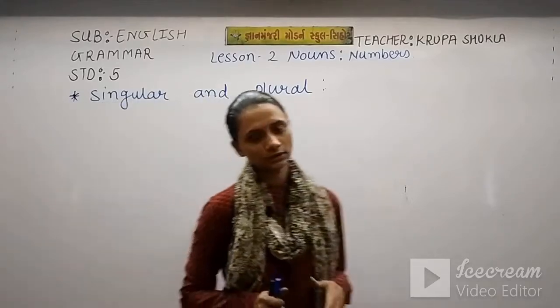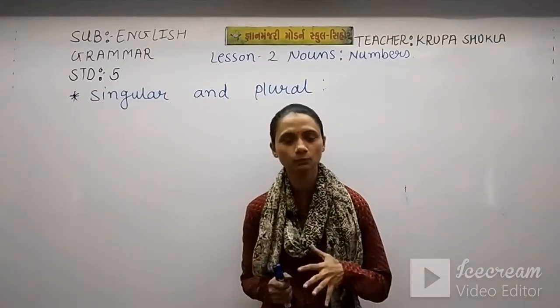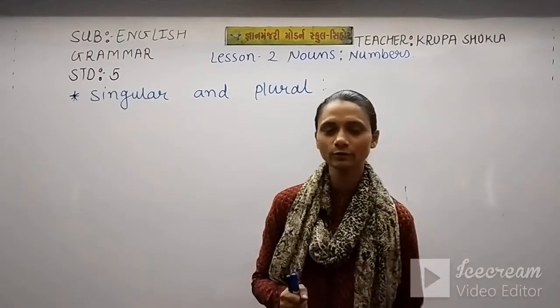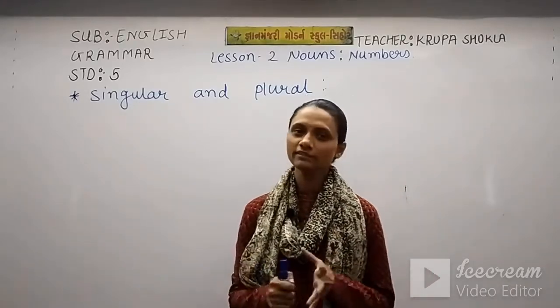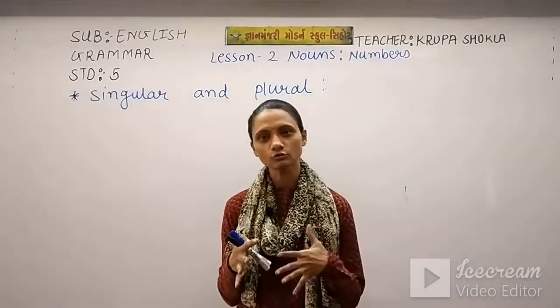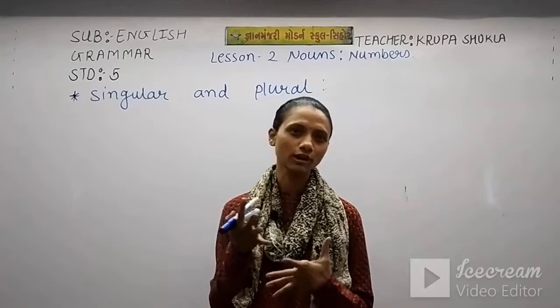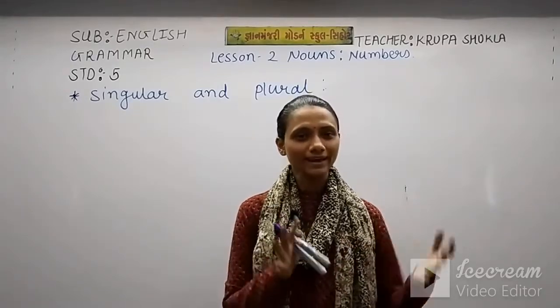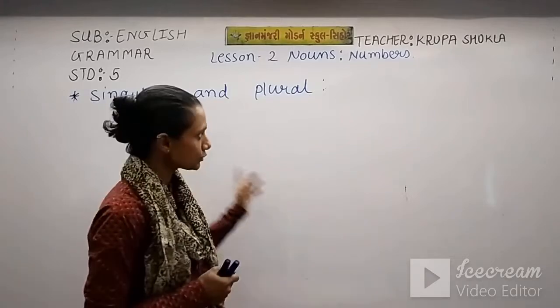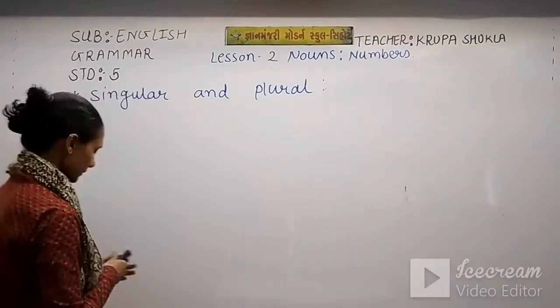See, most of the nouns become plural when we add s at the end of that word. So generally we have this idea that if someone asks you how to make a plural noun, you know that adding s at the end of the word will make it plural. So the first rule for that is the same.